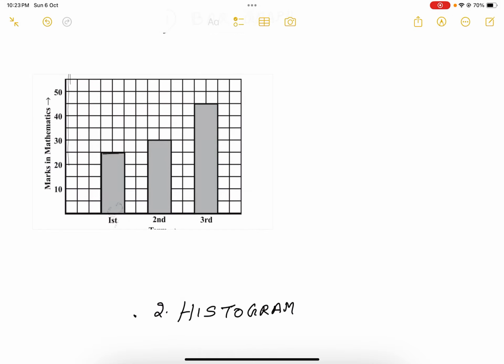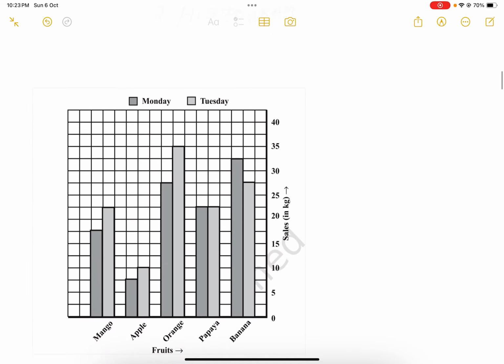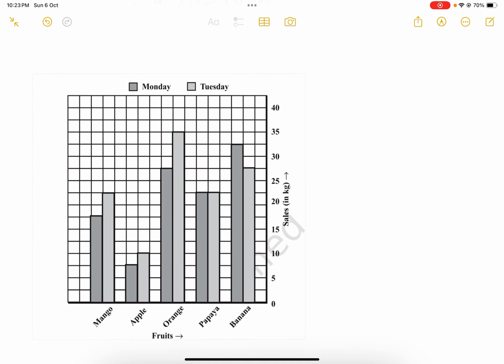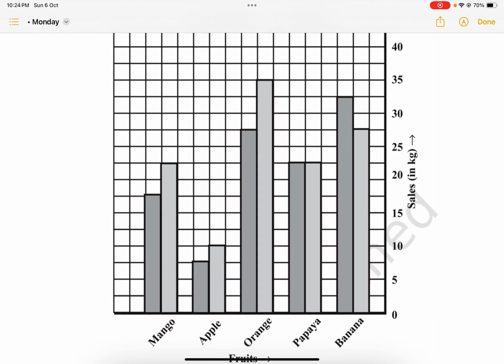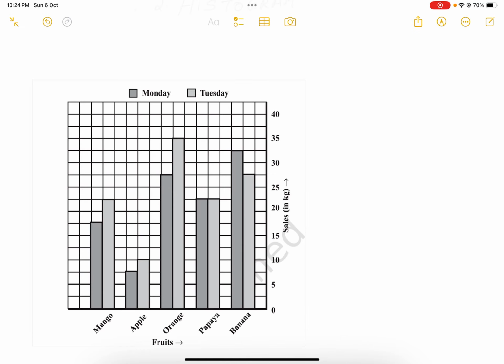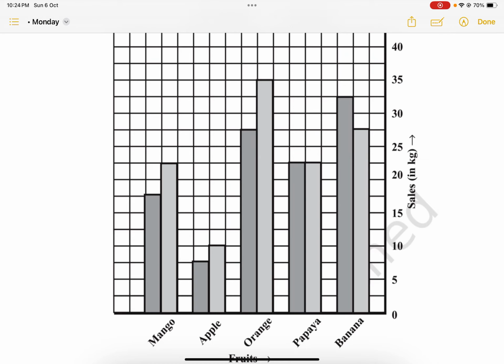One more. Now let us have the histogram. Suppose you want to express the sales of some fruits, how it is on Monday, how it is on Tuesday. Let us see the sales in kgs and what the fruits are here. There are two types of bars if you observe.